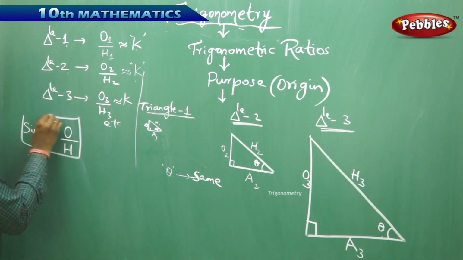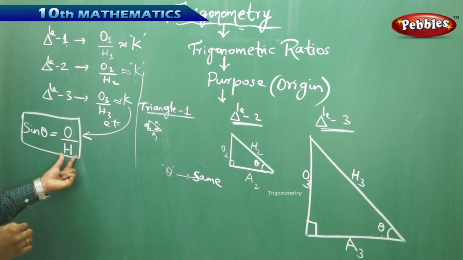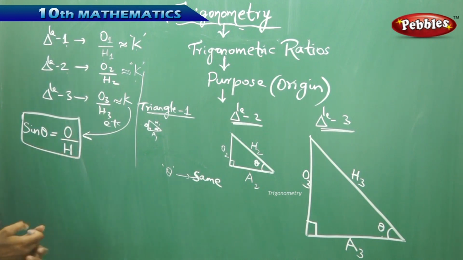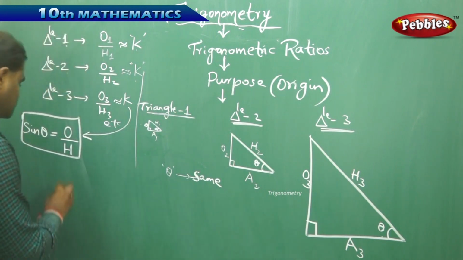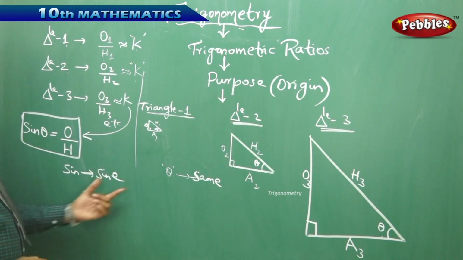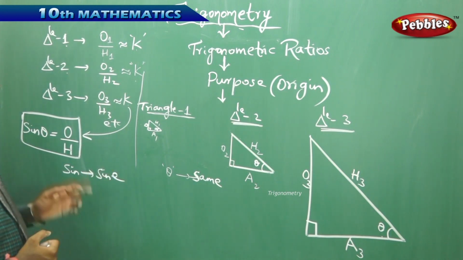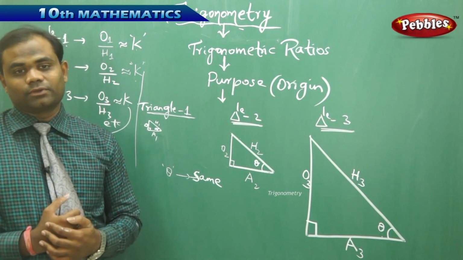The purpose of inventing this common thing was denoted with opposite side by hypotenuse, and it was defined as sine theta, the word sine taken as the root. So sine theta was the value given for opposite side divided by hypotenuse.